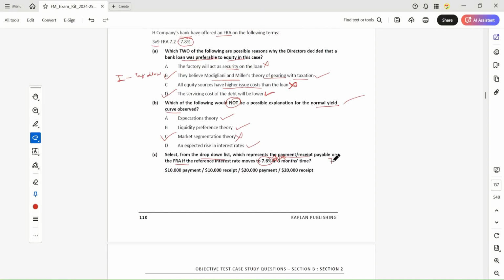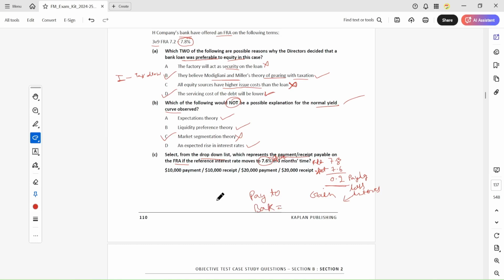So the FRA is 7.8 and the spot is 7.6, a difference of 0.2. We are paying less interest, so this is a gain for us. So we have to pay to the bank.